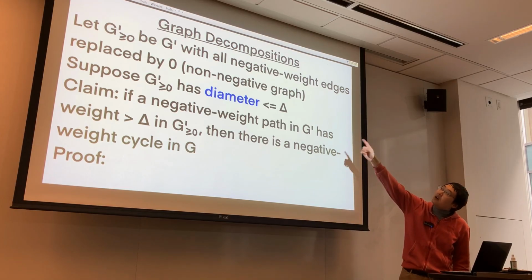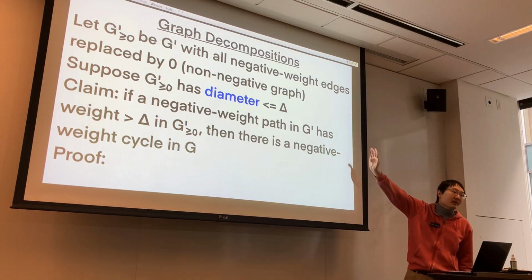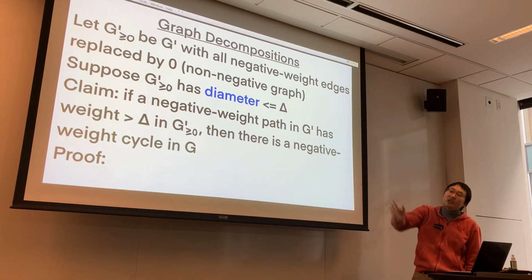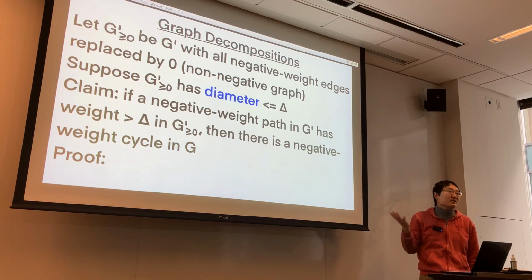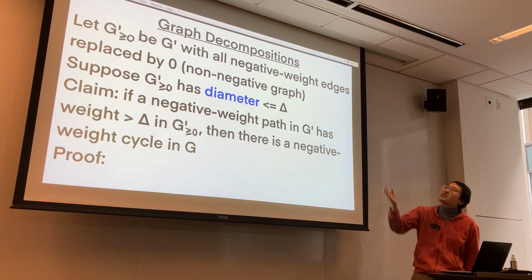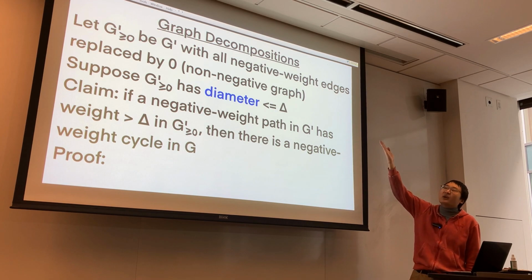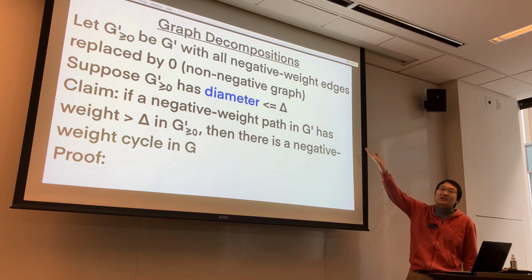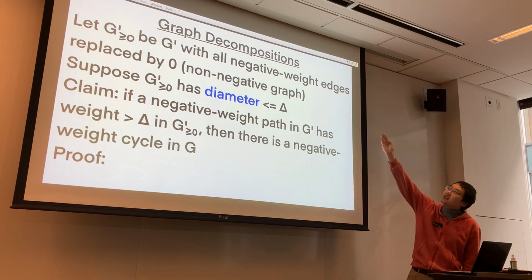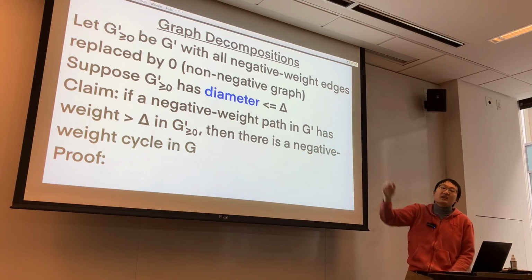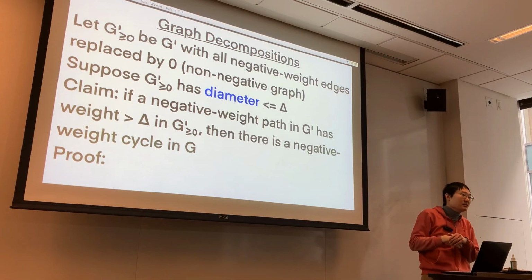I'm going to replace all negative weight edges by 0. The reason why I do this is because we know how to find distances in positive weighted graphs. We cannot quite find any notion of distance in a negative weight graph, so let's replace all negative weights by 0 so that we have some notion of distance that we can compute.